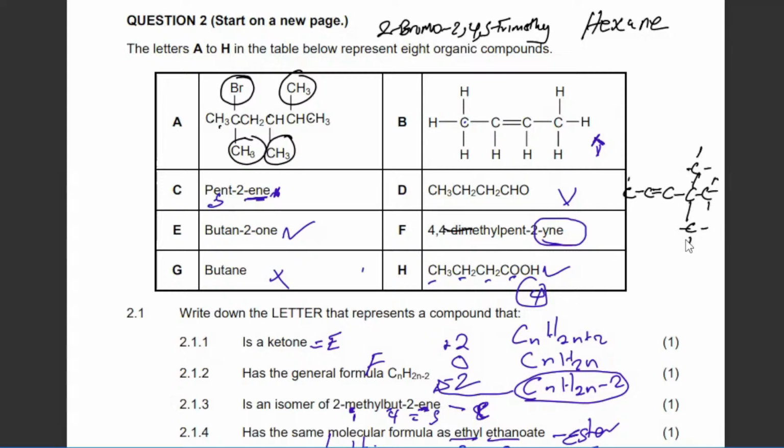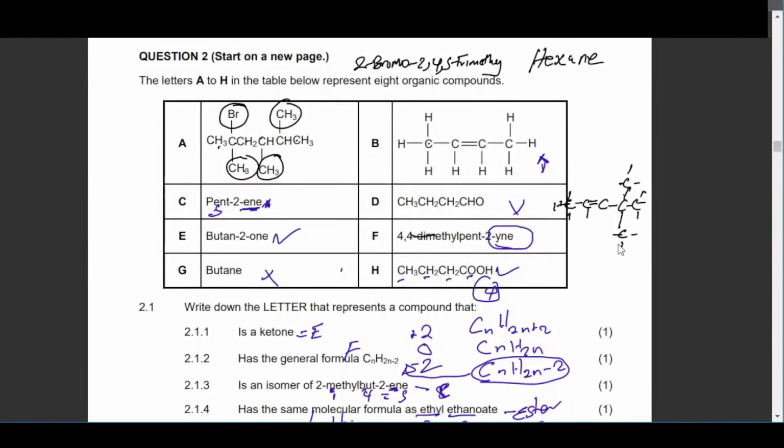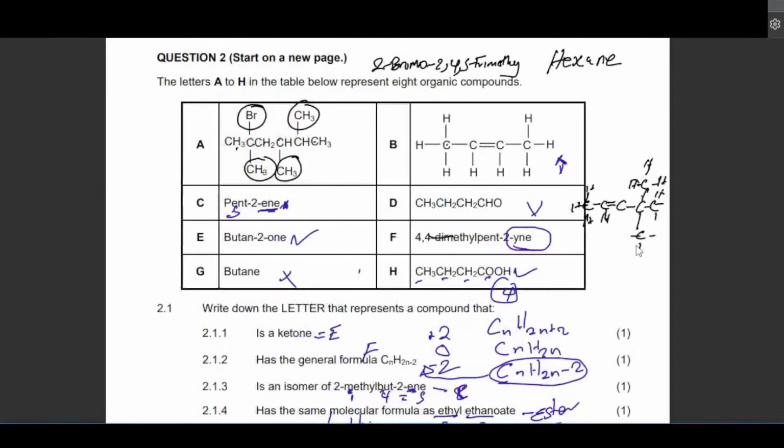Make sure that the bonds are 4 on each carbon atom. Don't leave it hanging, because when you leave it hanging, you lose a mark. It is easier to lose a mark than to get a mark. It's not easy to get a mark, but it's very easy to lose it.